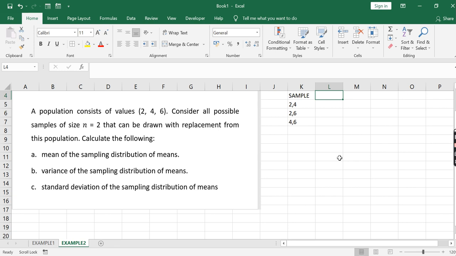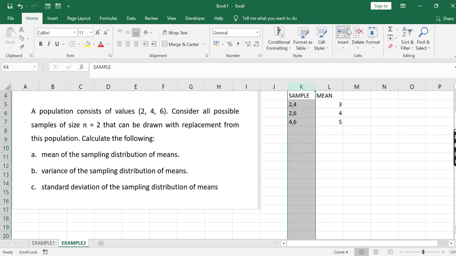Now let's try to get the mean of each. What's the mean of 2 and 4? 2 plus 4 is 6 divided by 2, that's 3. 2 plus 6 is 8 divided by 2, it's 4. 4 plus 6 is 10 divided by 2, it's 5.